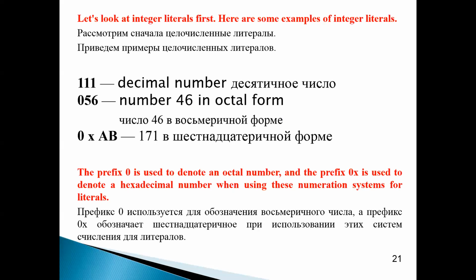Prefix 0 is used to denote an octal number, and the prefix 0x is used to denote a hexadecimal number when using these numeration systems for literals.